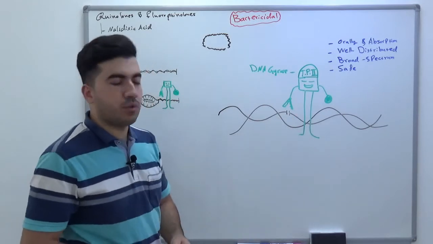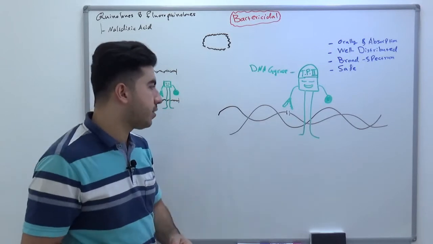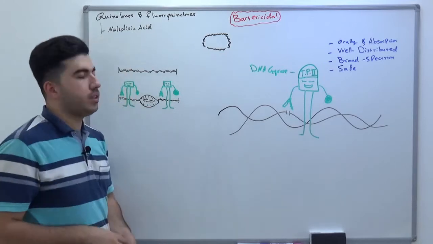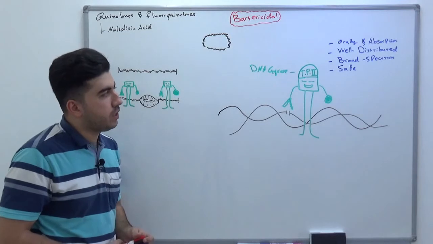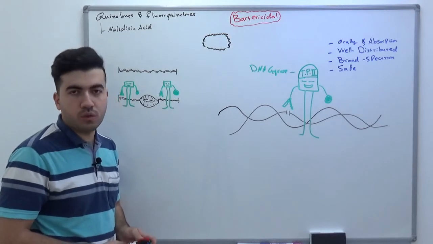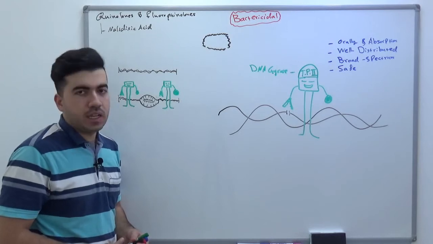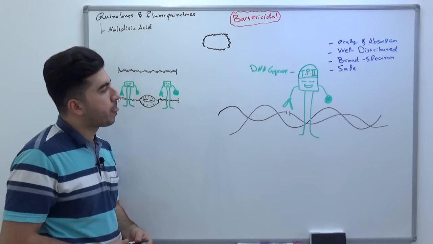At these free ends, it's going to pass through the other strand, and it will be what? Under twisted. Under twisted is called what? Negative supercoiling. So you can say the function of the DNA gyrase or topoisomerase 2 is to introduce or produce negative supercoiling in the double-stranded DNA of the bacteria.